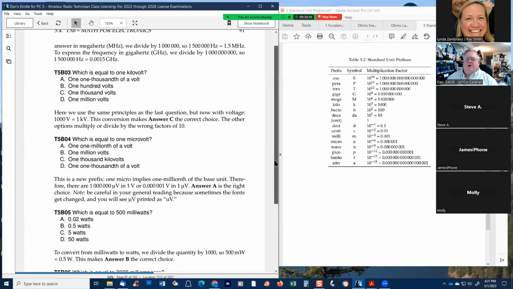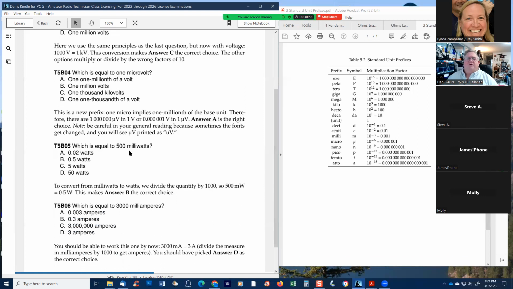So the next question, what's equal to 500 milliwatts? A thousand milliwatts is 1 watt. So 500 milliwatts is half a watt. And we use these numbers very often talking about little devices, like here's a radio device that I can talk to on my handheld and it will talk back. It only puts out about a tenth of a watt, so about 100 milliwatts.